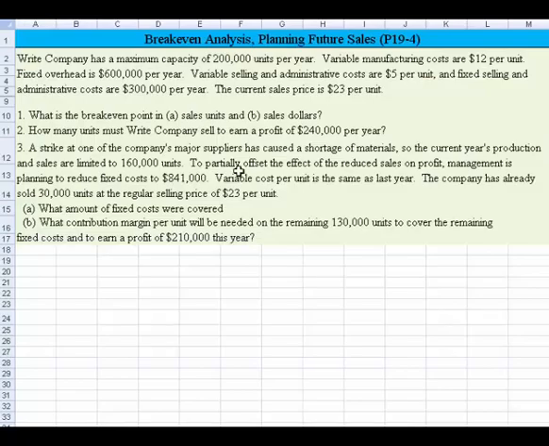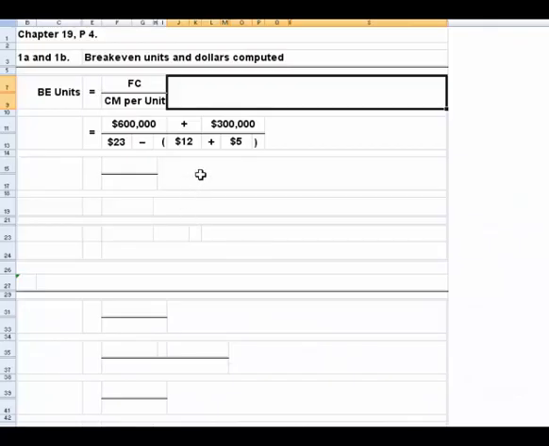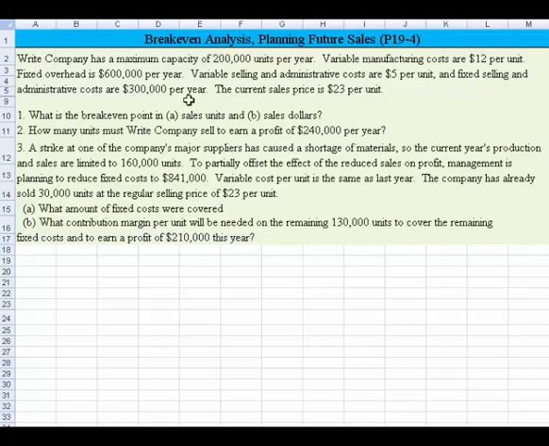The $23 represented the selling price. The variable cost was $5, so we add the variable cost also. The variable selling and administrative were $5, and the manufacturing cost was $12, so we add those together. There were also administrative costs of $300,000.